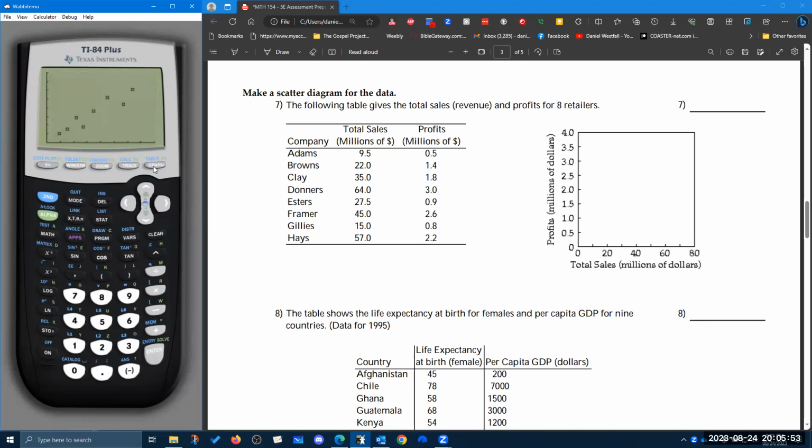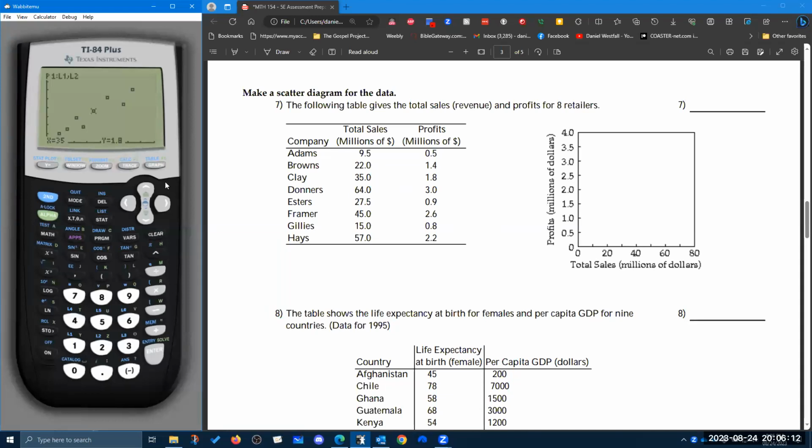So now let's look at that graph, and it's going to look like that. I can trace and see every single one of those data points from the list, where they're at, and get their exact coordinates to make my graph.